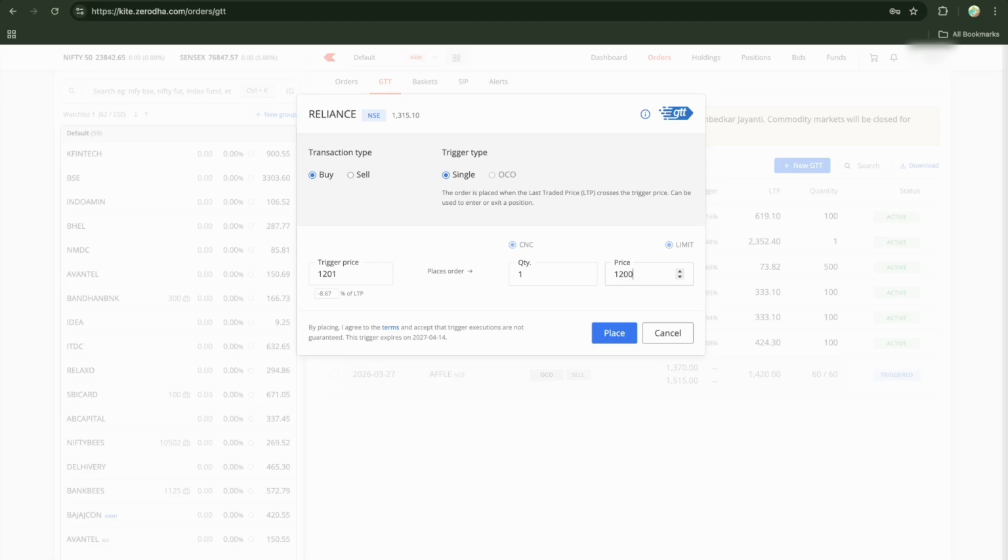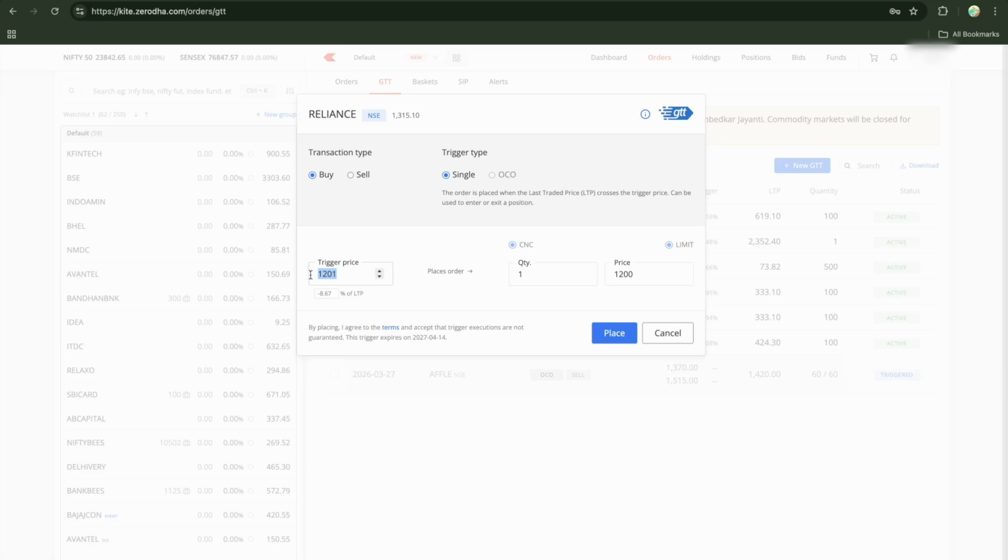What this means is that when Reliance reaches 1201, at that time this order will be placed to the exchange with the limit price 1200. Your order will be executed only when the price touches 1200, but the order will be created when the price reaches 1201.